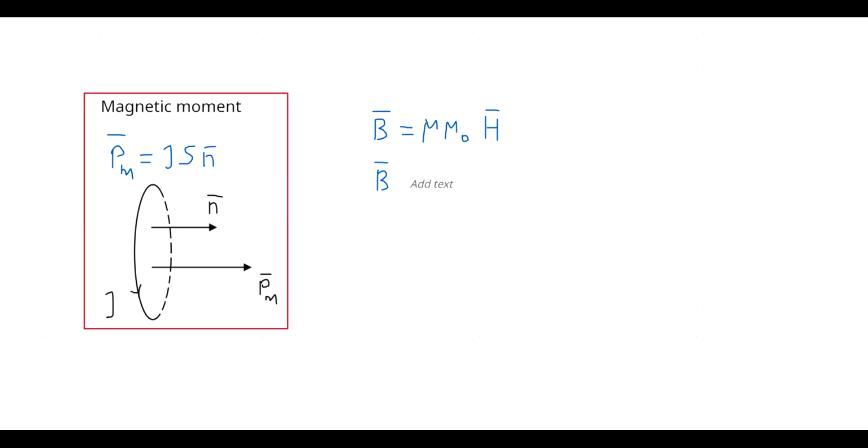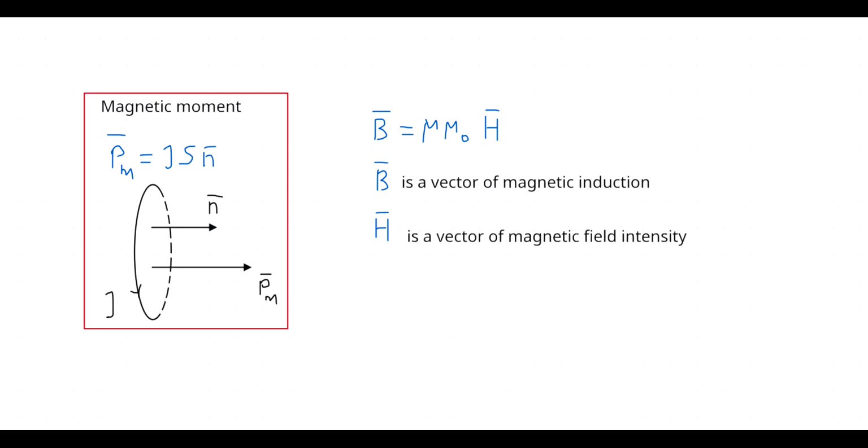Okay, and H is a vector of magnetic field intensity.